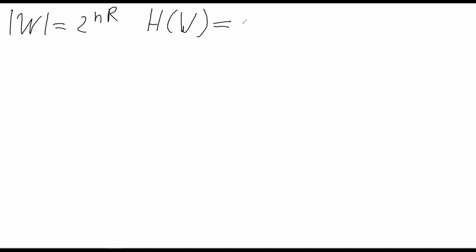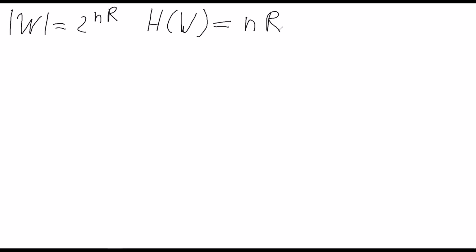Then we know that the cardinality of all messages, W, is equal to 2^(nR). If all have the same probability, 1 over 2^(nR), then this entropy is equal to nR.